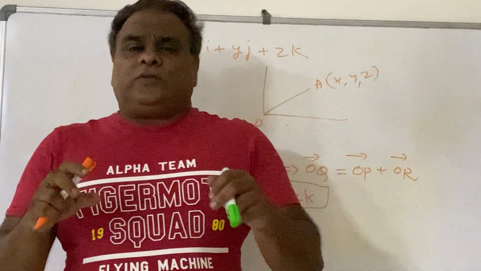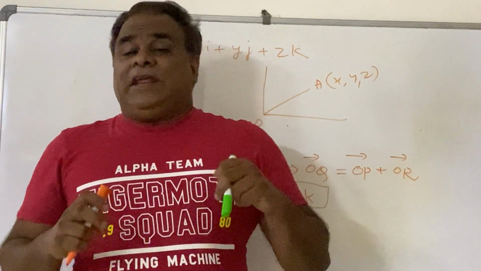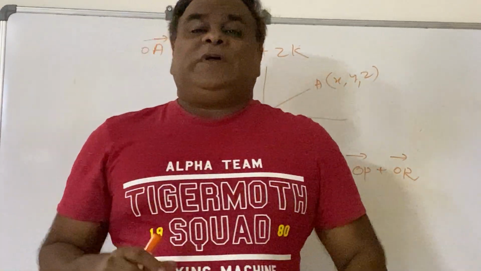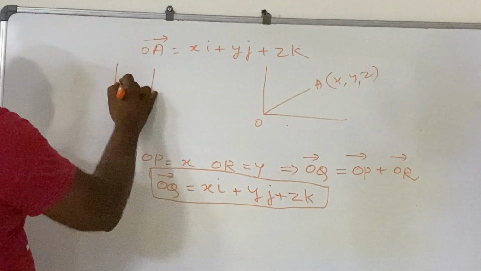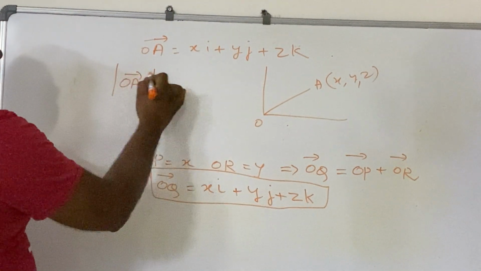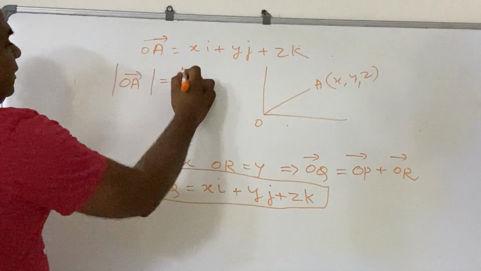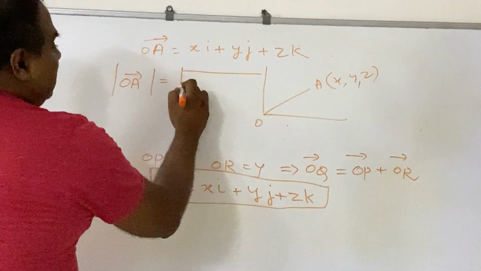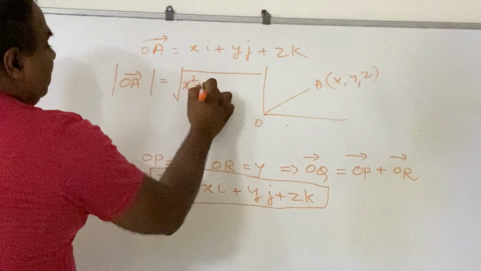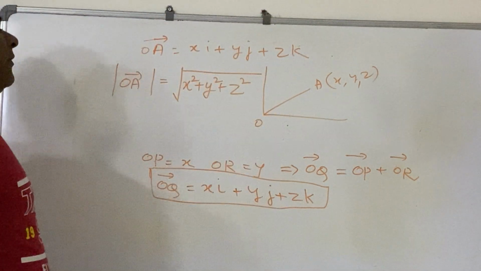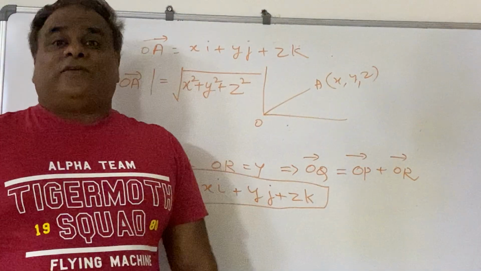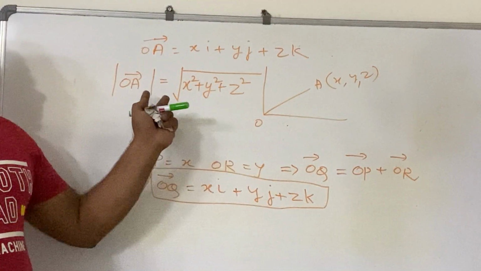Now I am going to tell you a very important point. What will be the modulus of vector OA? The modulus of vector OA is very important. You need to understand this equation: root of x square plus y square plus z square. This is the modulus of the vector OA.